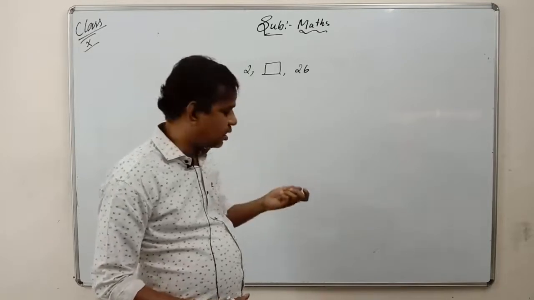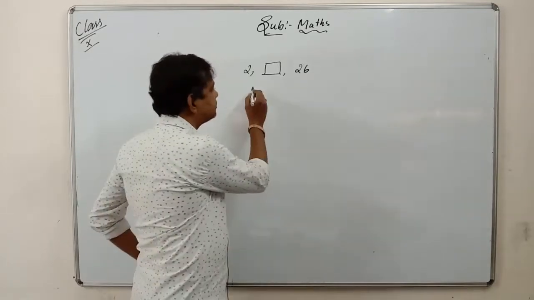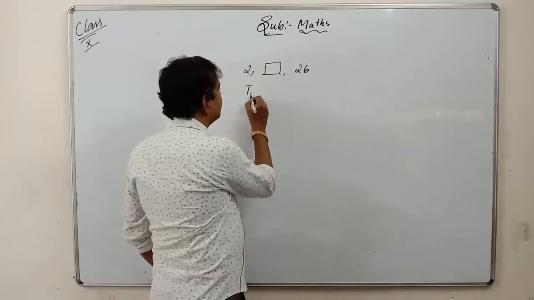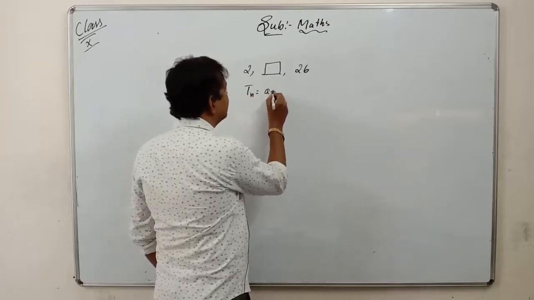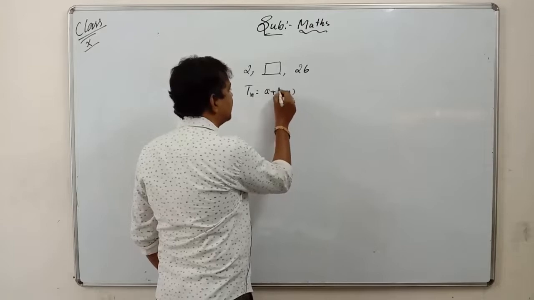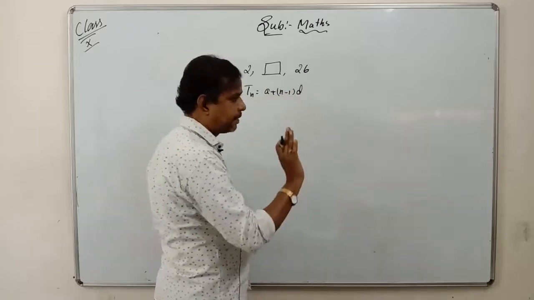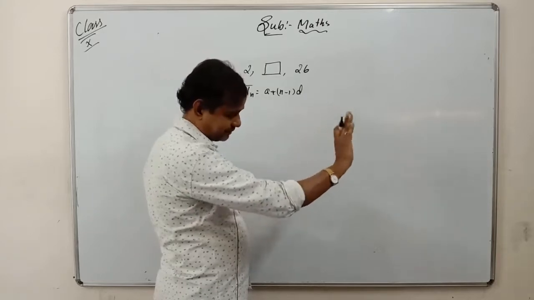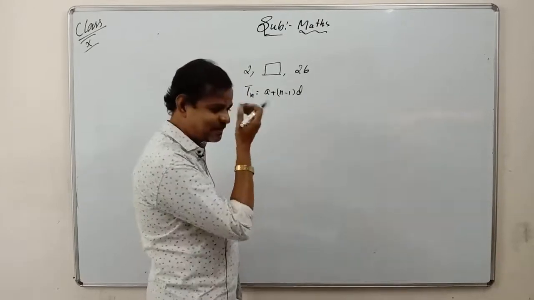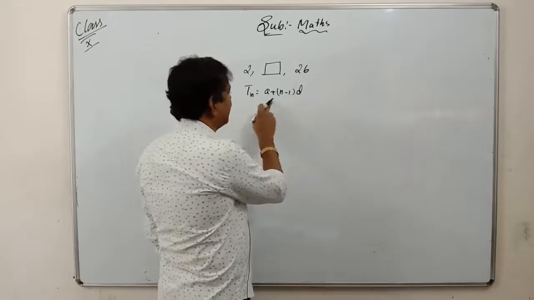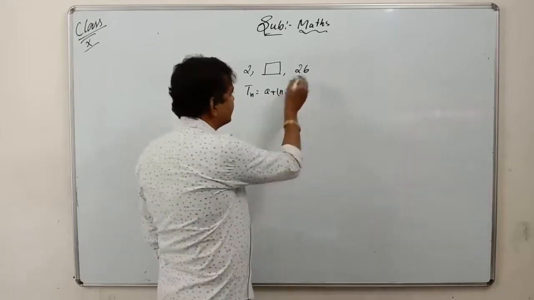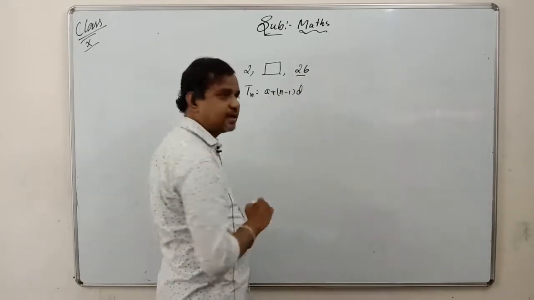According to the formula we have Tn equals a plus (n minus 1) d. But he has given the last term. The last term is nothing but Tn.